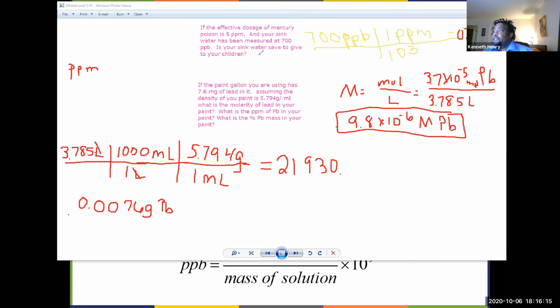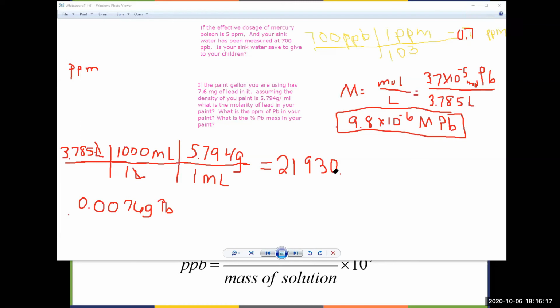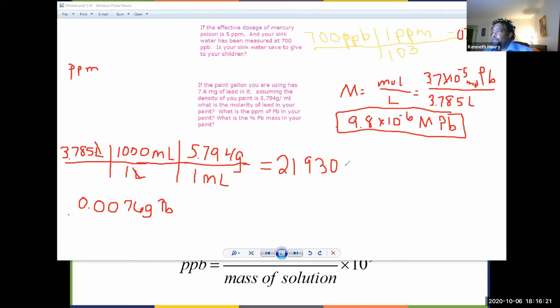Okay. So I'm good right there, right? And I just want to put grams. Okay, so I have grams of solution. That's the abbreviation for solution. Okay, so I have my lead and I have my solution.